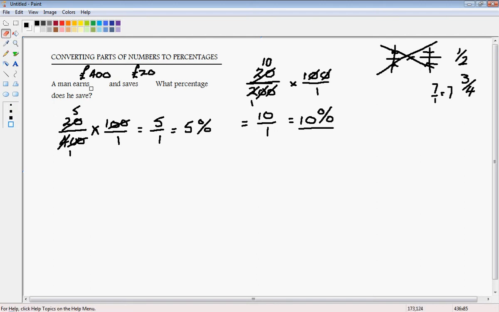Okay, so I'll do another one so that we get the feel for this. And I know it seems a bit fiddly, but it's something that examiners like to see. Okay, so let's say he earns £360, okay, and he saves £24.